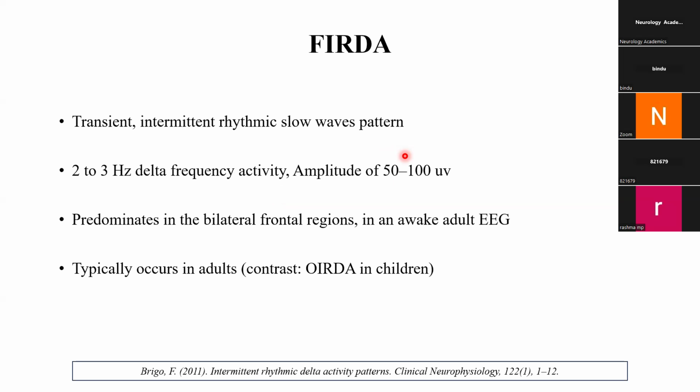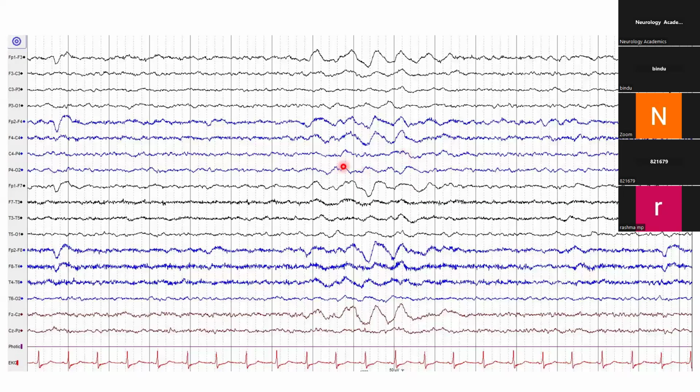So here we can see 2 to 3 Hertz, medium to high amplitude delta activity that is coming predominantly over the frontal region in both hemispheres.